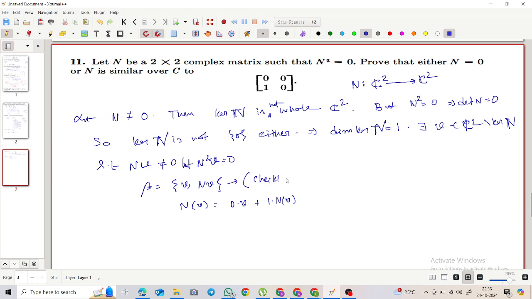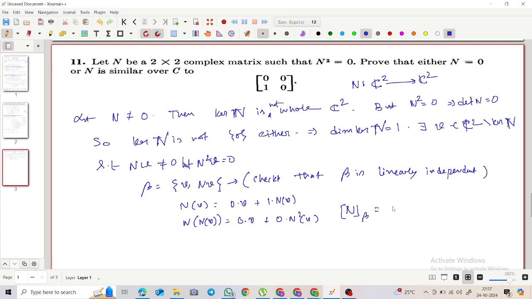Check that beta is linearly independent. And what is N of Nv? That is 0, no? So 0 into v plus 0 into N square v. So N with respect to beta is [0 1; 0 0].